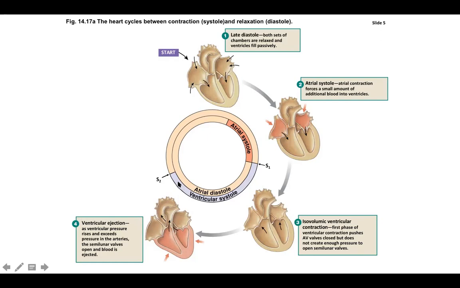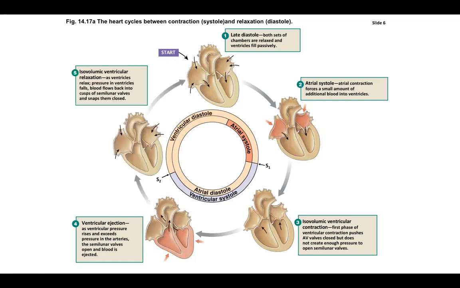At the end of this phase, the ventricles start to relax. And when the ventricles start to relax, there comes a point where the pressure within the ventricles eventually is lower than the pressure in the pulmonary trunk and the pressure in the aorta. When that happens, those semilunar valves snap shut.